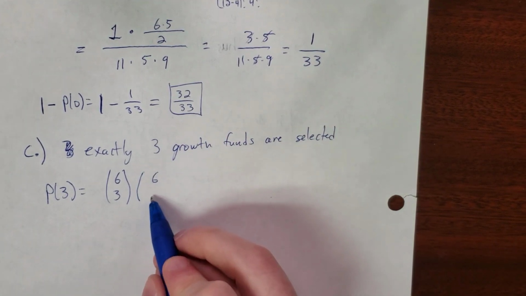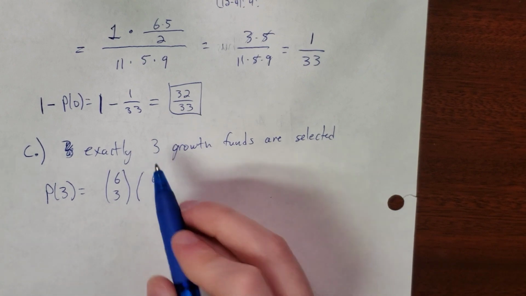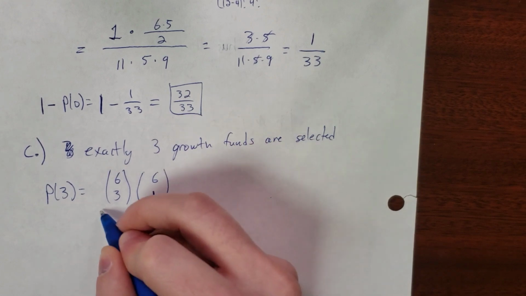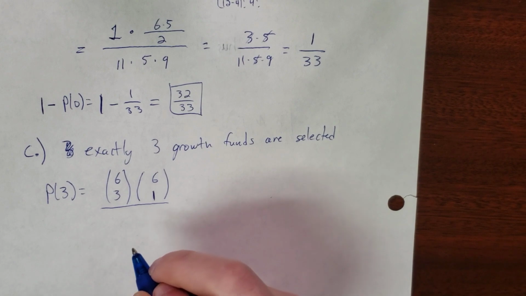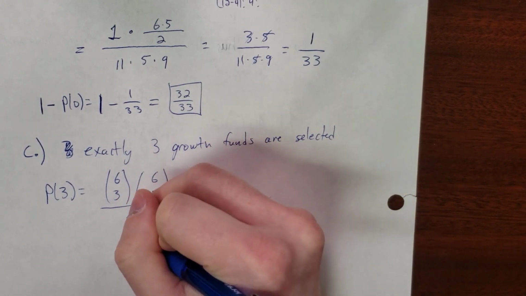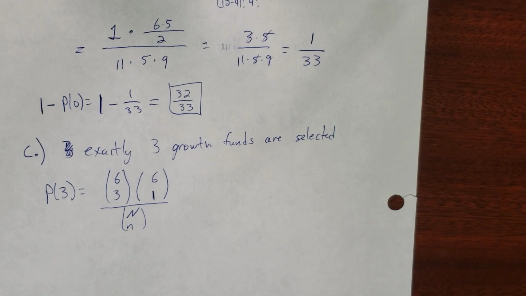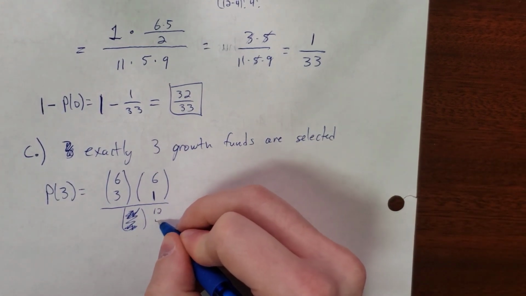Then we get lowercase n minus x. Lowercase n is 4 again. X this time is 3, so we get 4 minus 3 is 1. And then we do all over capital N choose lowercase n. Oh, sorry. And what are those in this case? That was 12 and 4 again.